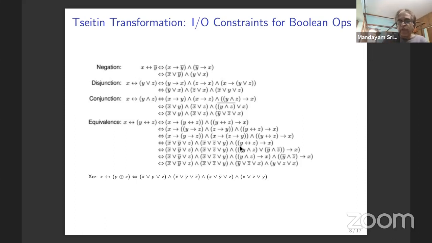So there is a linear increase in the size based on the number of connectives. Almost all modern SAT solvers use this encoding of the input formulas before they ship it into the core engine. Any questions so far?